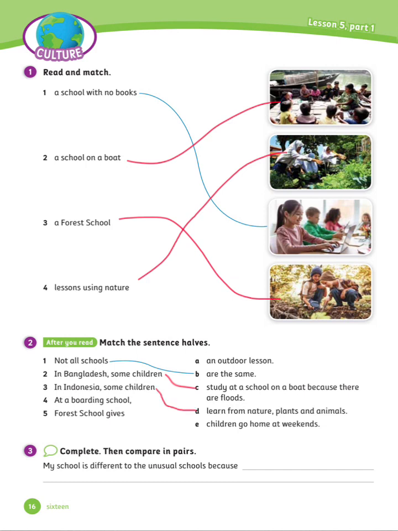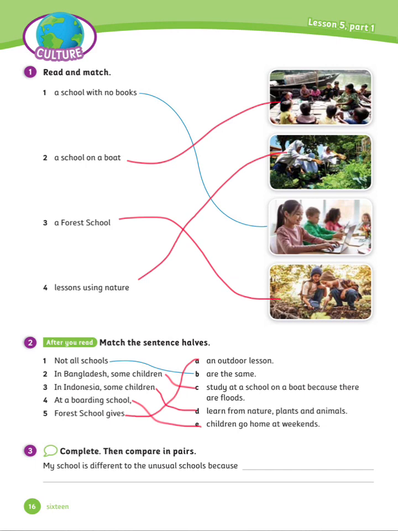Number 3 matches D. In Indonesia, some children learn from nature, plants, and animals. Number 4 matches E. At a boarding school, children go home at weekends. Number 5 matches A. Forest school gives an outdoor lesson.